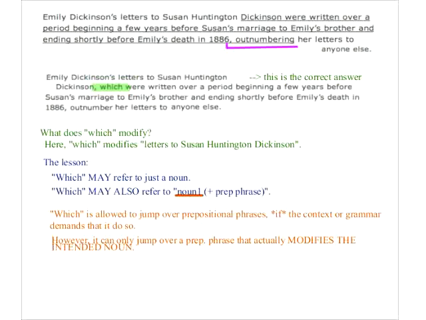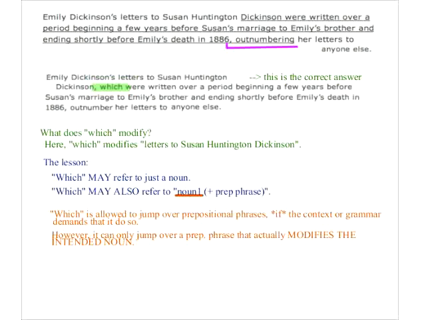Okay, so let me show you what I'm talking about here. If you say something like, I took pictures of my dog, which are so adorable, or which are so adorable that they make everyone smile.